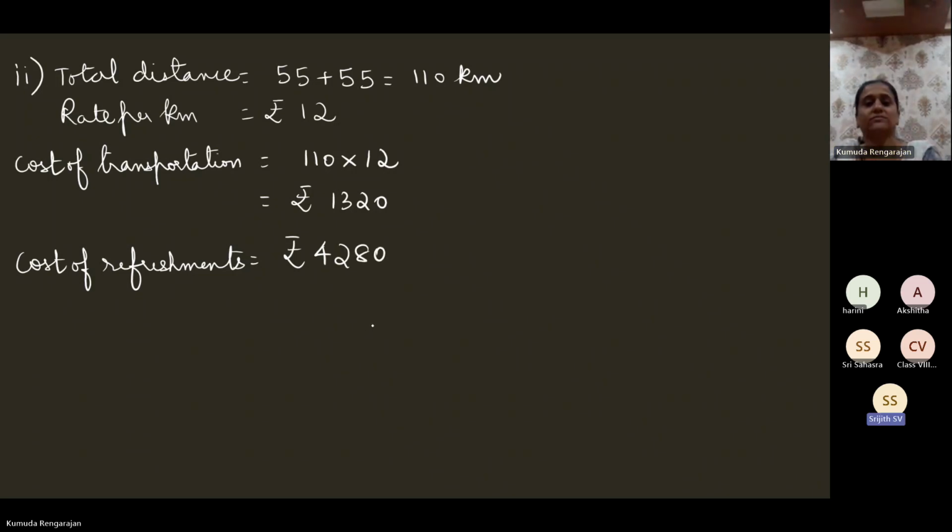Yes, ma'am. Okay. Cost of refreshments, rupees 4,280. So Srijit, what is the total cost? What are the expenditures incurred for the trip? Srijit?